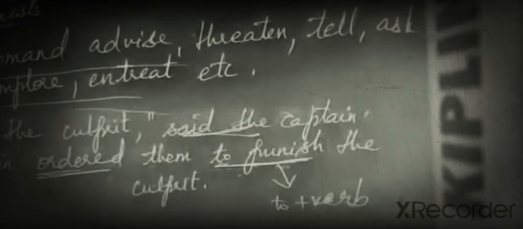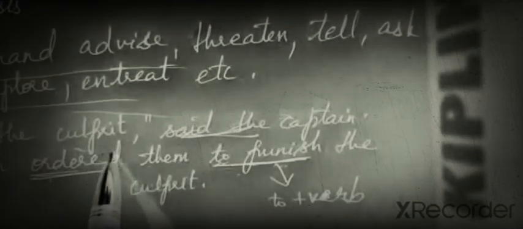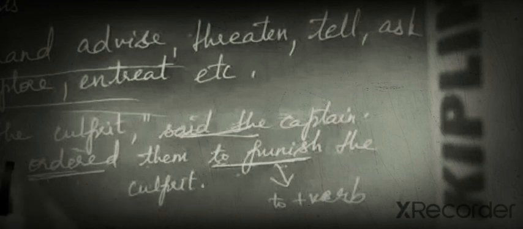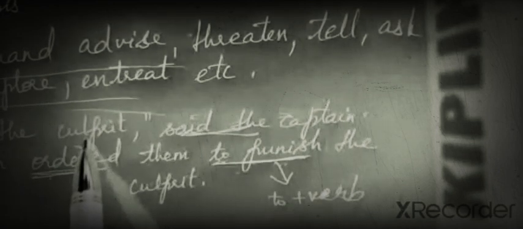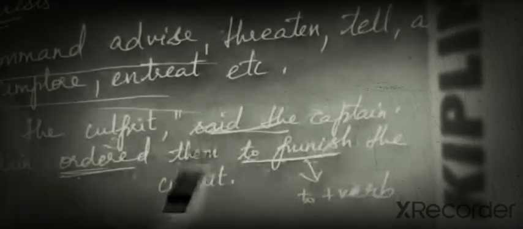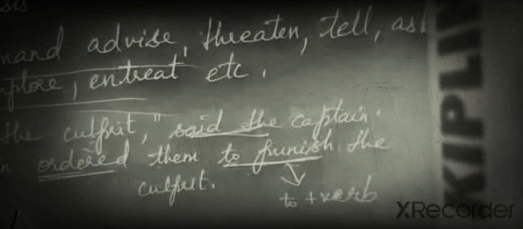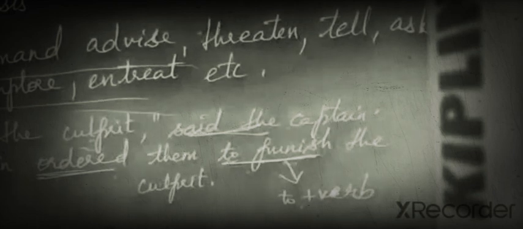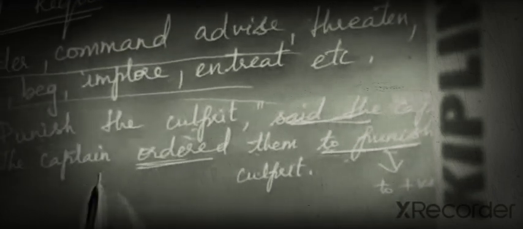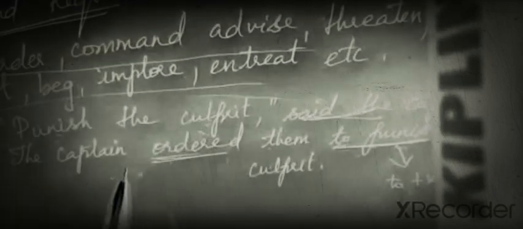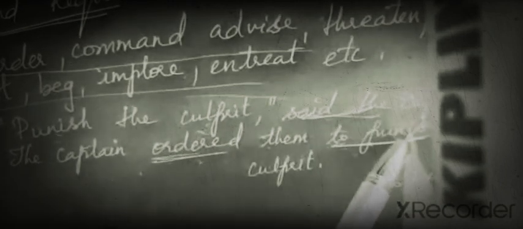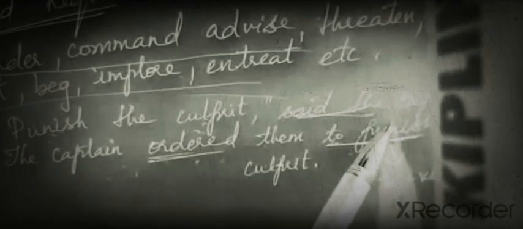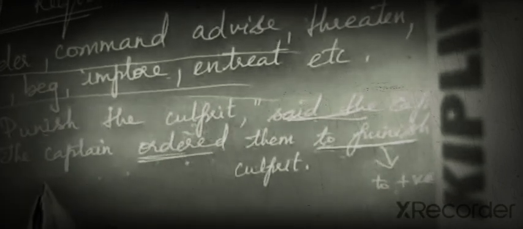Punish the culprit is the command given over here, said the captain. So this command is changing to the infinitive. In the introductory part, said the captain in direct speech changes in indirect speech to the captain ordered.